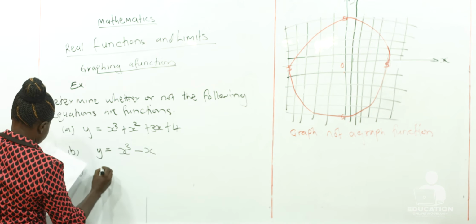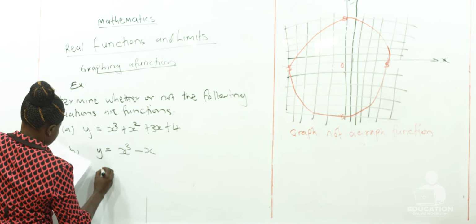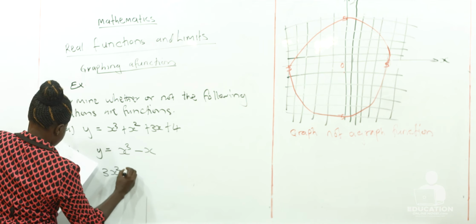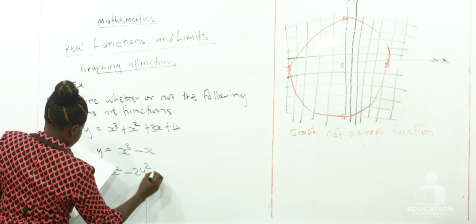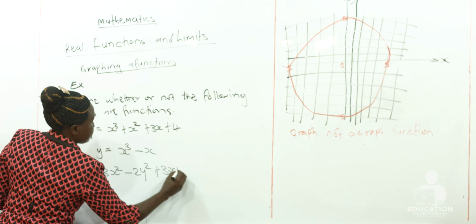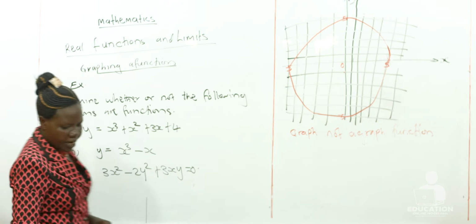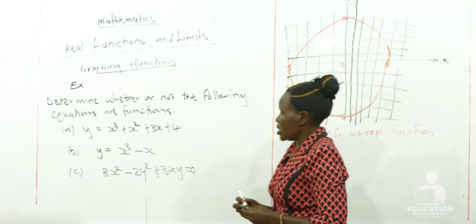And C, which is our last, is 3x squared minus 2y squared plus 3xy equals 0.